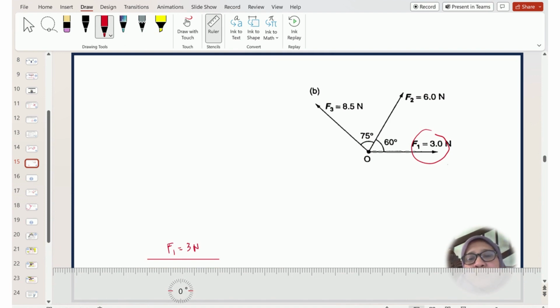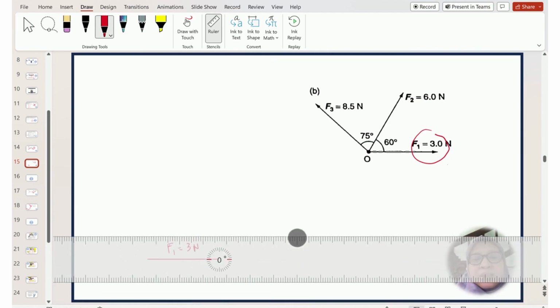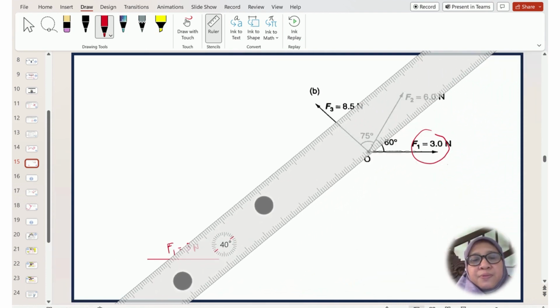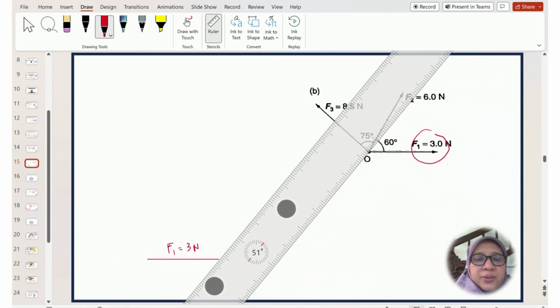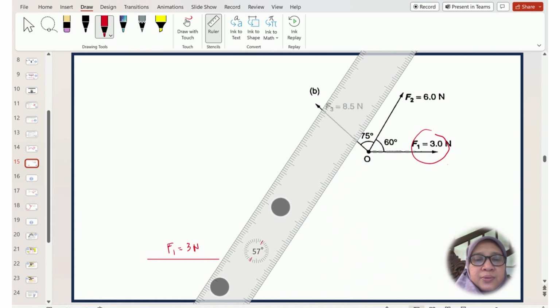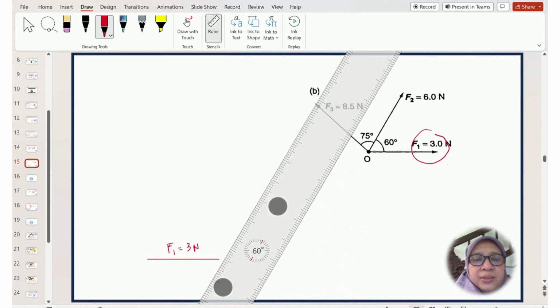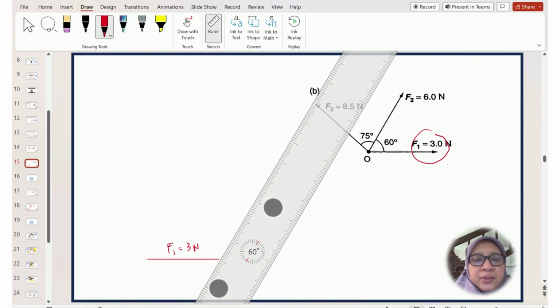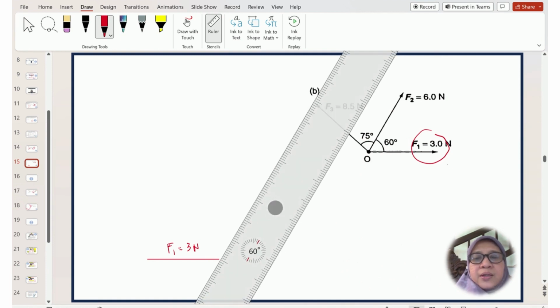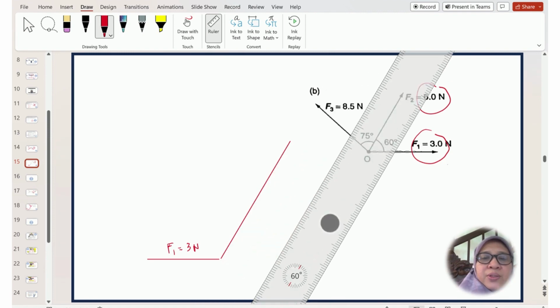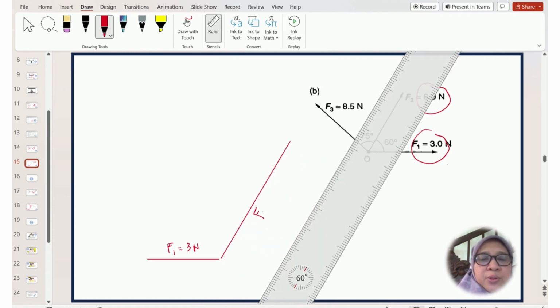Next is F2, 60 degrees from horizontal. So we turn the ruler until 60 degrees. Then we draw 6 Newton, 6 centimeter. 1, 2, 3, 4, 5, 6. So this is F2, which equals 6 Newton.